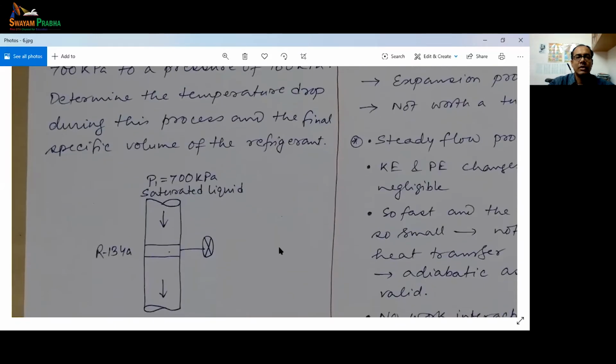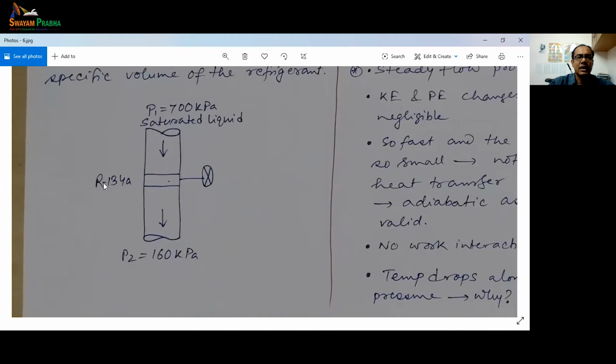Okay, so here you can see the schematic diagram of the throttling process, which is nothing but a straight pipe through which the refrigerant is flowing, and you have a valve in between. And the valve you can open or close.